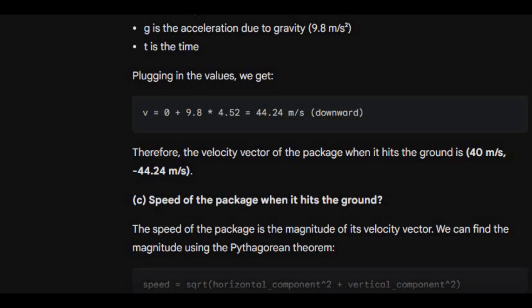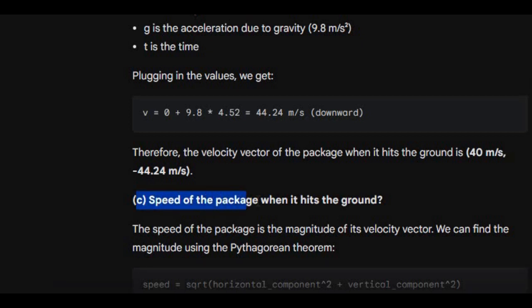G is the acceleration due to gravity, 9.8 meters per second squared. T is the time. Plugging in the values, we get V = 0 + 9.8 × 4.52 = 44.24 meters per second, downward. Therefore, the velocity vector of the package when it hits the ground is 40 meters per second, minus 44.24 meters per second.